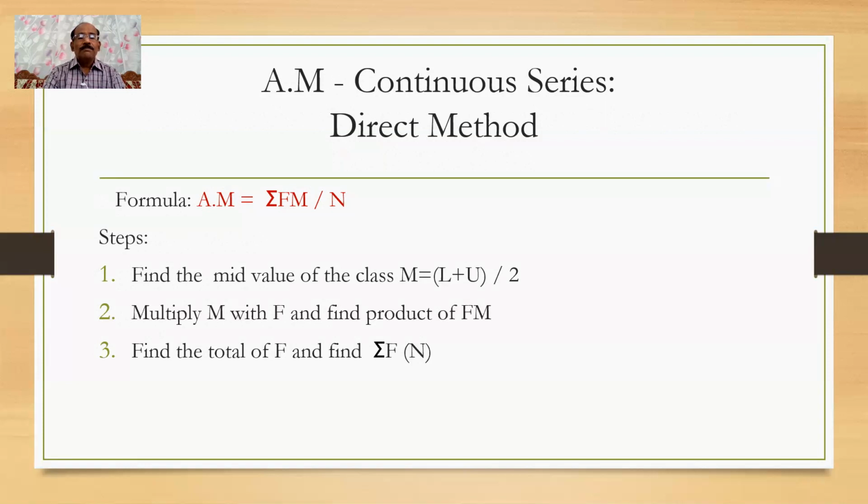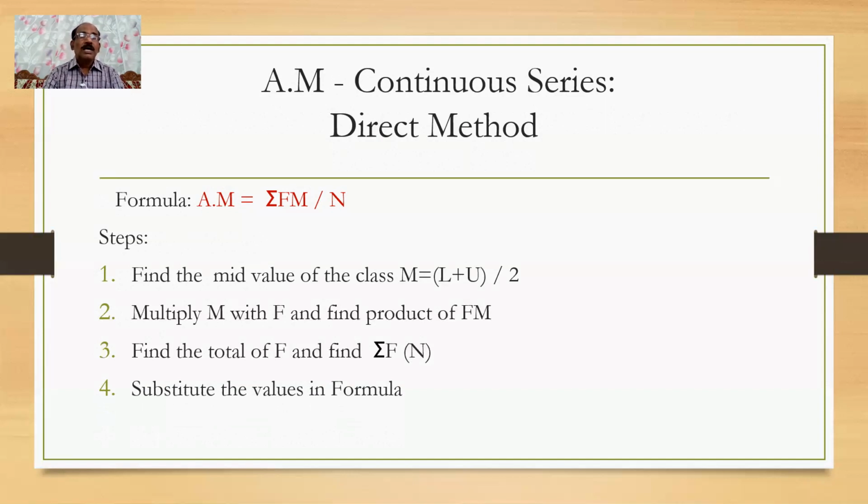In the third step, you have to find the total, sigma fm. Whatever the second step products are, you have to add all these. You are going to get sigma fm. In the fourth step, just substitute the values in the formula.